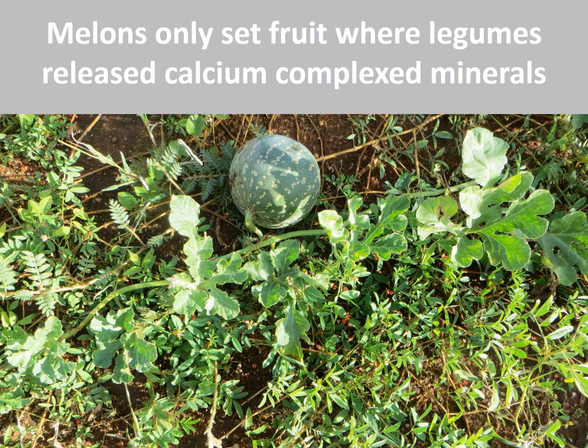So in areas where we had this wild watermelon that did not have the legume, there were no watermelons. It was only where we had the legume as a soil cover that it was releasing the calcium and promoting sufficient amino acid chemistry in the soil to achieve fruiting in this wild watermelon.